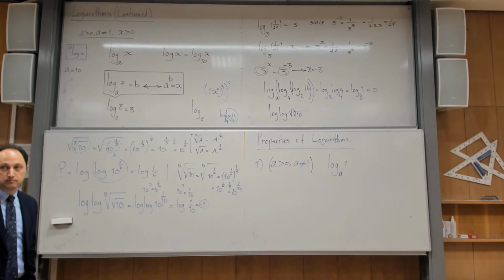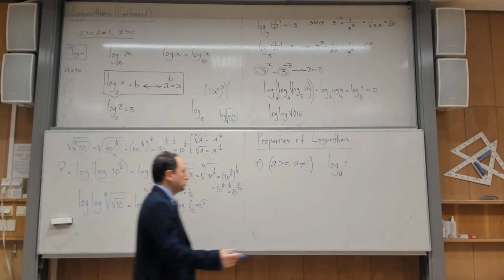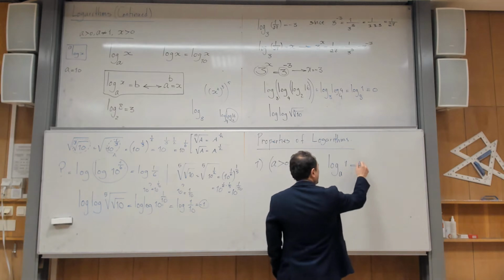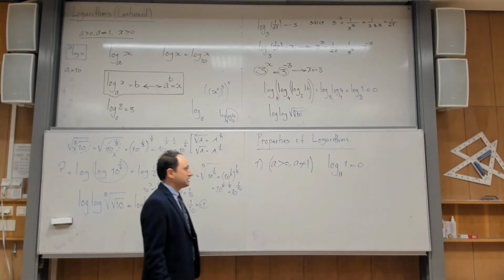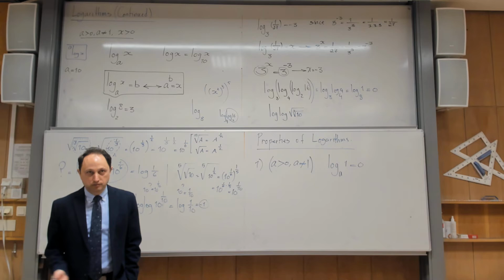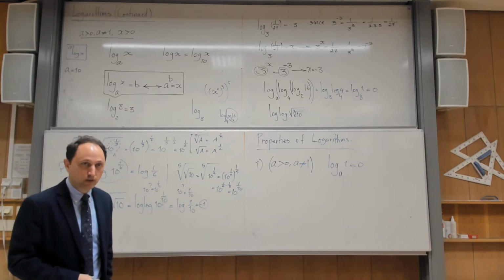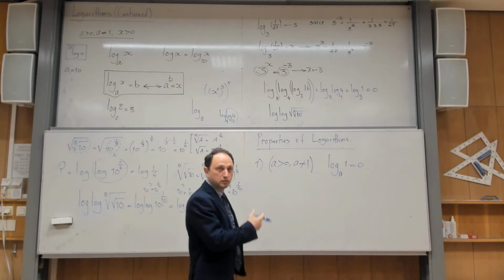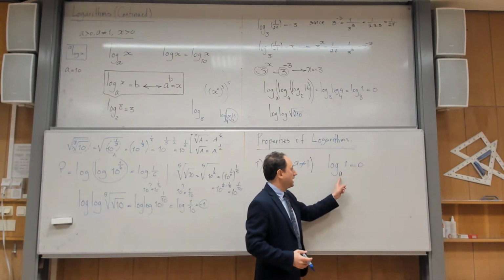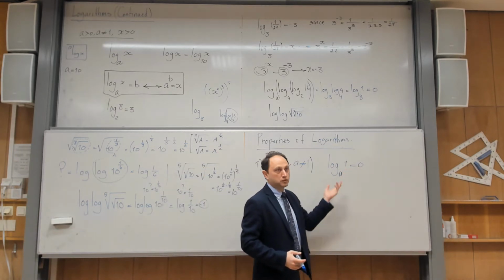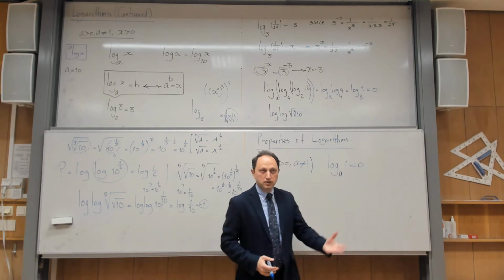It's 0. It's 0. Yes? So you really don't need to bother. Somehow people use this sloppy language and say that log of 1 is 0. But they mean log of 1 in an acceptable base is 0. Yes? Is that clear? Because this is the only number so that a raised to that number becomes 1. So log of 1 is 0.